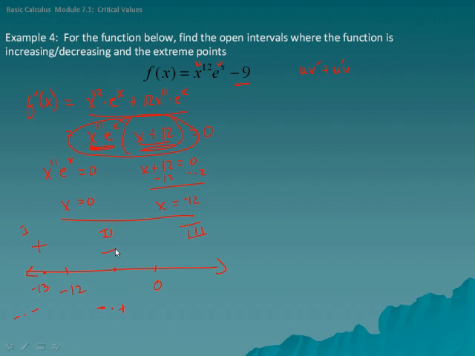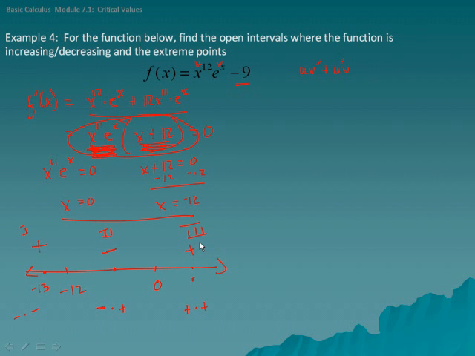So a negative times a positive would give me a negative derivative in region 2. And in region 3, a test point would be 2. If I put 2 in for this part here, that would give me a positive. If I put 2 in here, it would give me a positive. And a positive times a positive would give me a positive derivative.